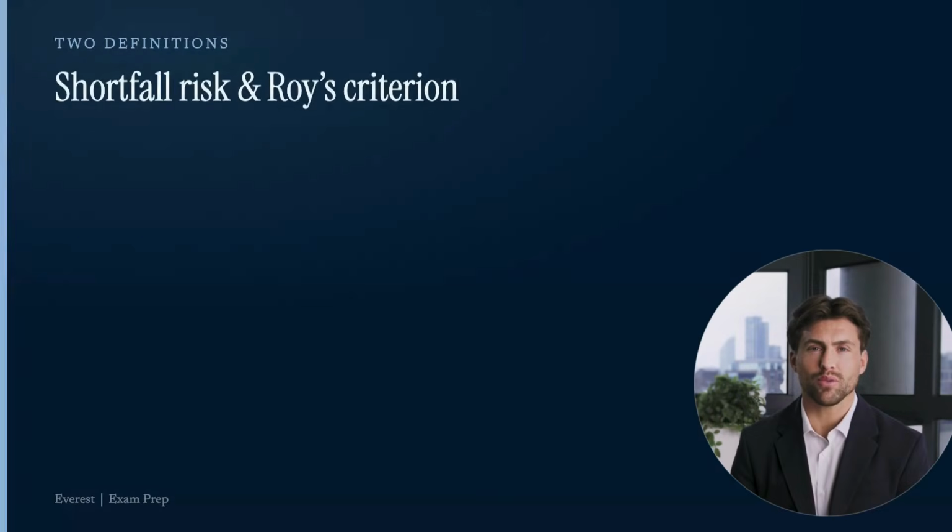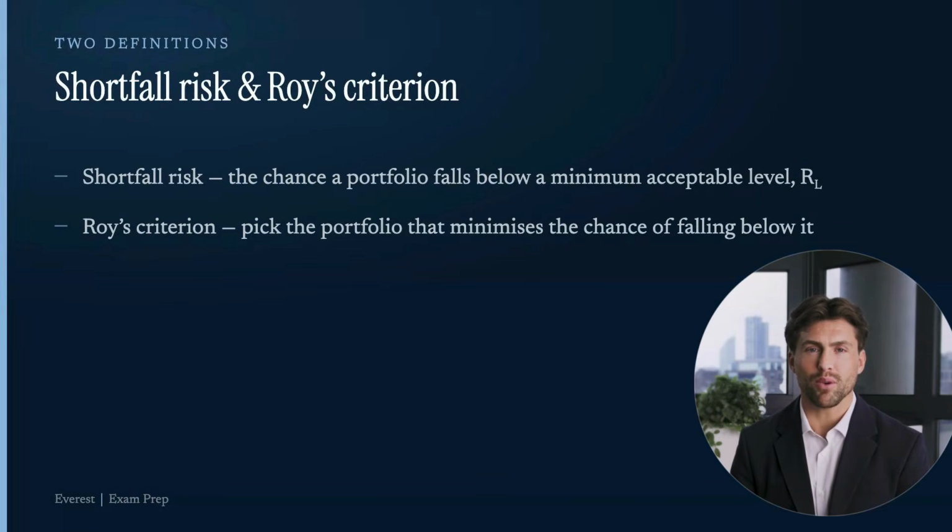Standard deviation treats a great year and a terrible year as symmetric risk. Shortfall risk only cares about one side. How likely are you to land below the line you drew in the sand? Shortfall risk is the chance that a portfolio's return or its value falls below some minimum acceptable level over some time horizon.